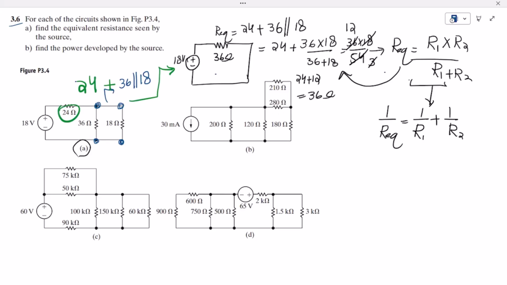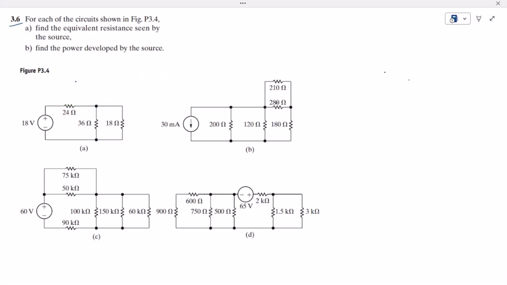In part B, let me first remove all of these. In this circuit, starting from the very end, we can see that these two resistors are connected in parallel because both of them are connected directly here. So 210 is in parallel with 280.